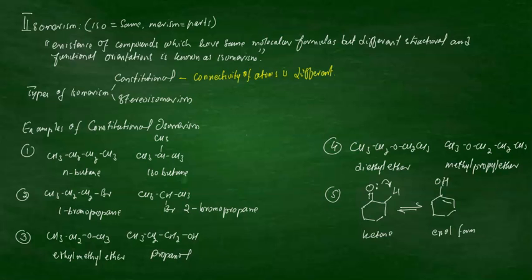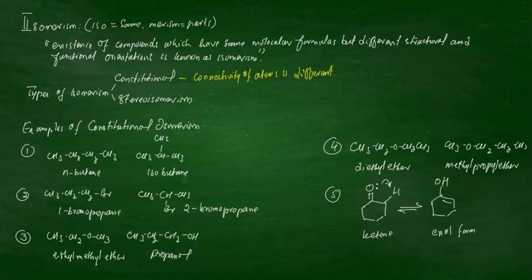So let us first focus on the first example. In the first example we have two molecules. One is n-butane and another is isobutane. Both are alkanes.